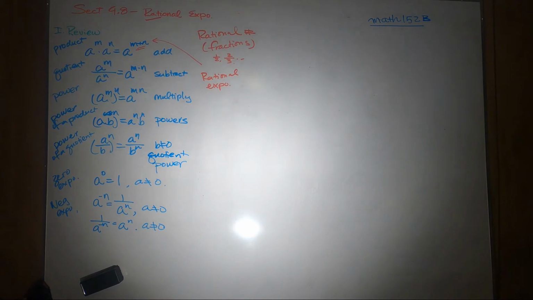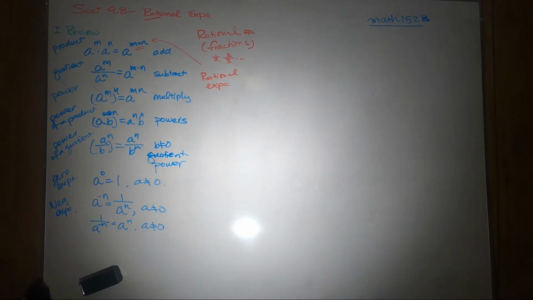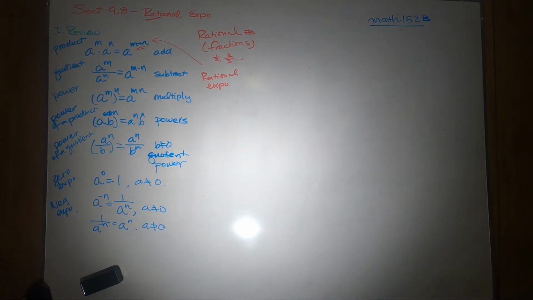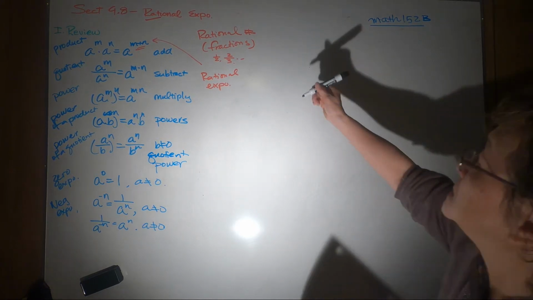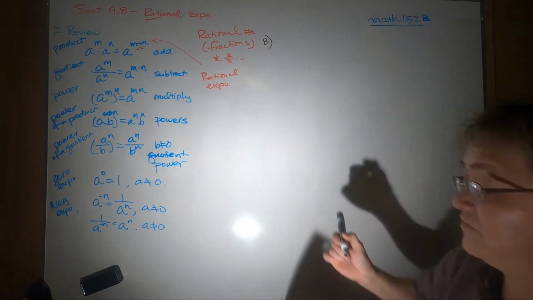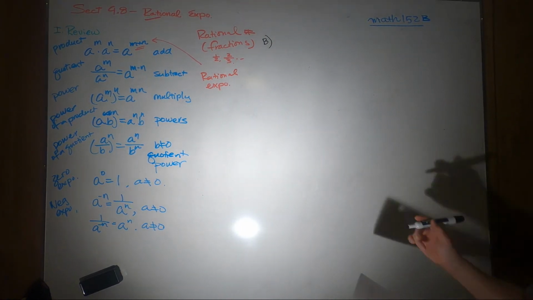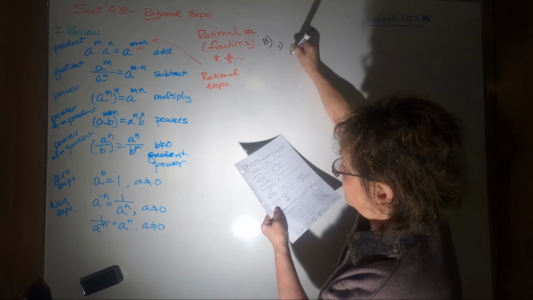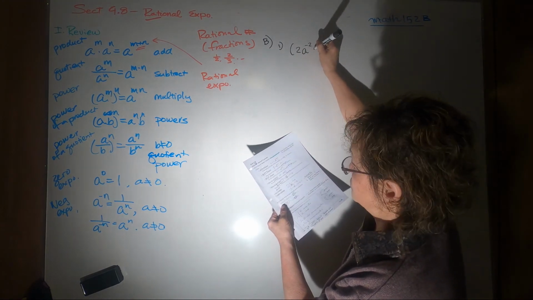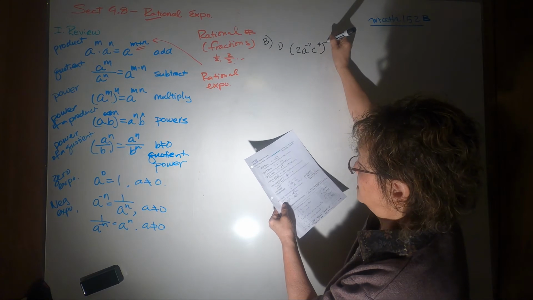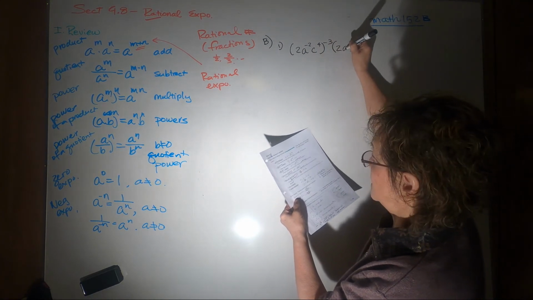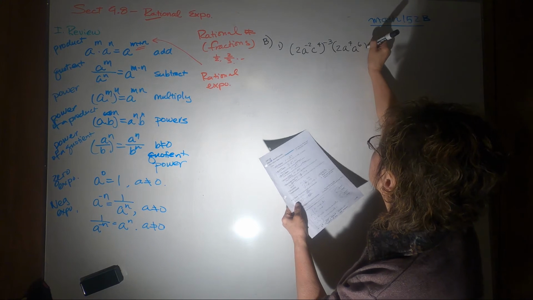Let's take a look and review what we did before, because it's hard to look at negative exponents. We always change the exponents to positive, writing them positively. So if we have (2a^-2 c^4)^-3 times 2a^4 a^6, right?